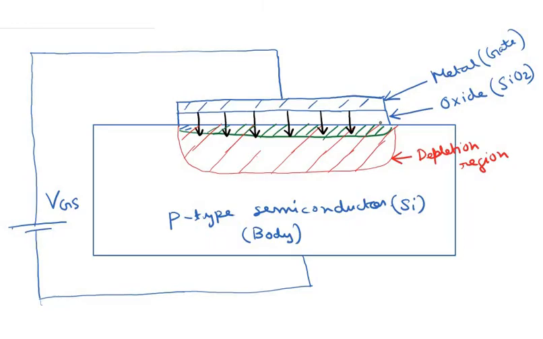Now any further increase in this voltage VGS would further enhance the electric field, and then a very thin layer of mobile electrons would be created at the surface.